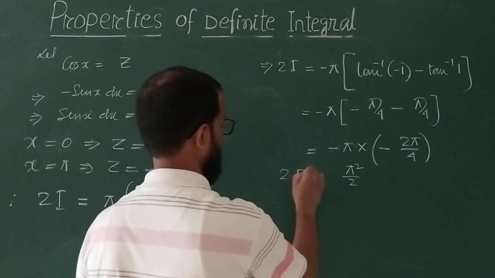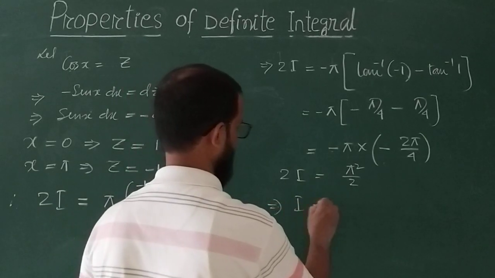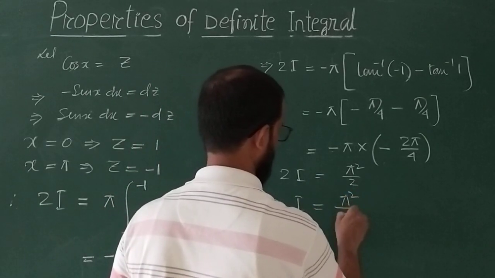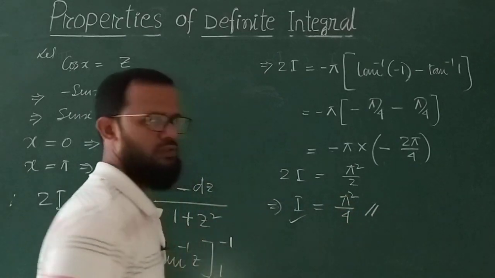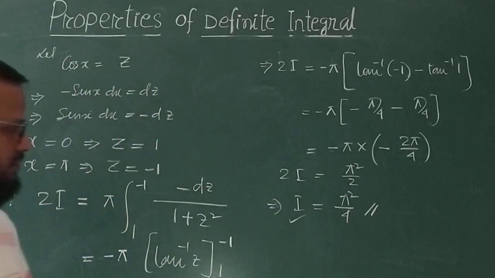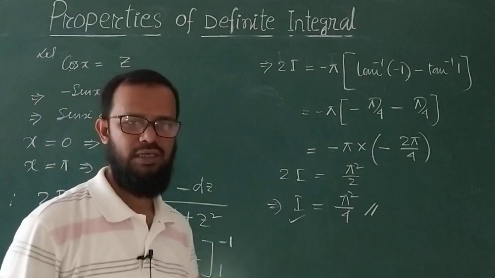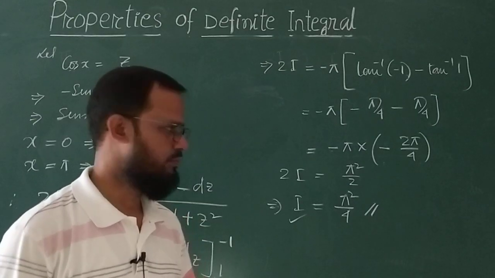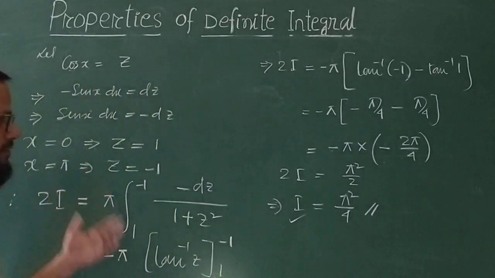This is your twice I. Finally you need I equal to pi square by 4. You had supposed your original integral as I. So finally I equal to pi square by 4.